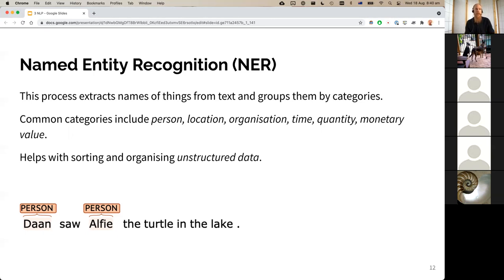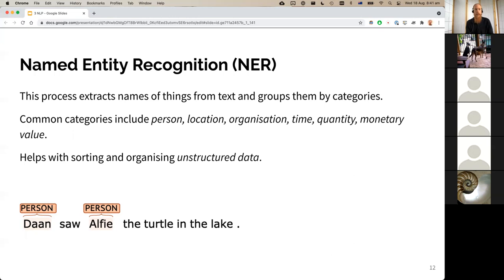Named entity recognition is a process of, again, extracting information out of the text and labeling it. This technique extracts information from the text and labels it with categories like person, location, organization.